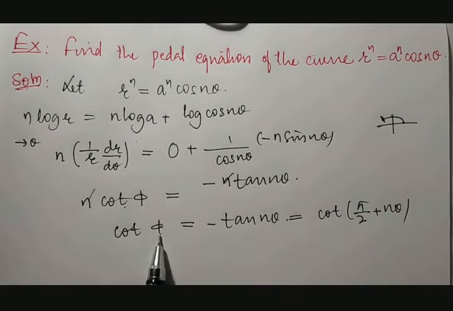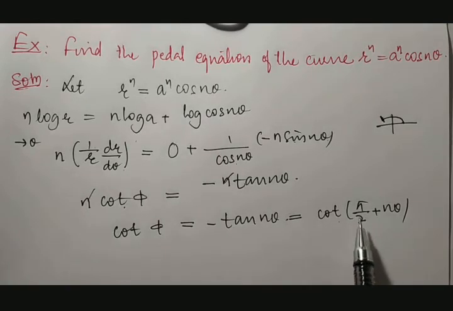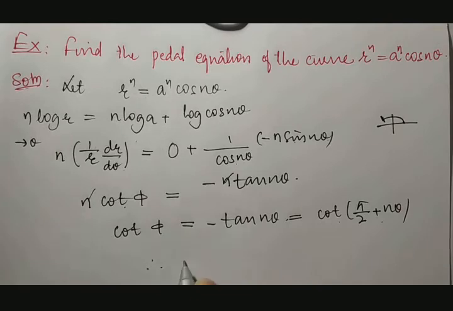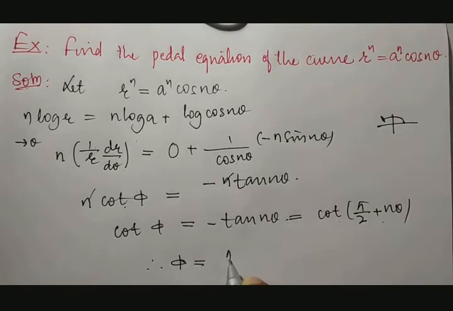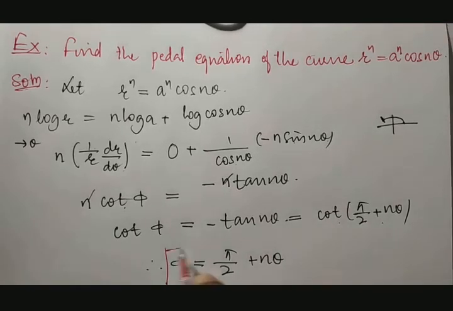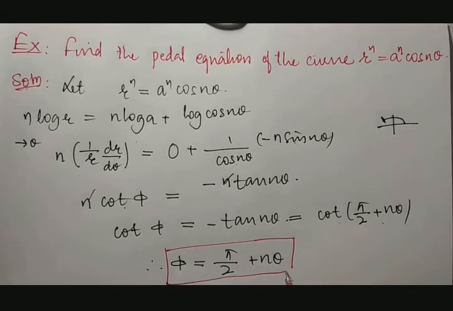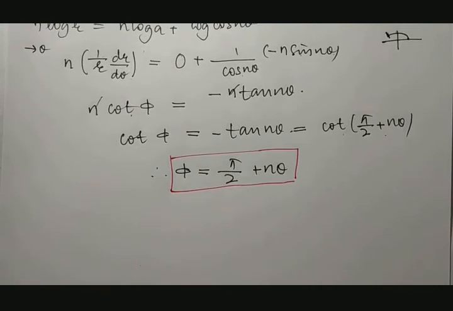Therefore, cot ψ = cot(π/2 + nθ). Therefore, ψ = π/2 + nθ. So this is the value of ψ, which is nothing but the angle between the radius vector and the tangent. This we calculated.